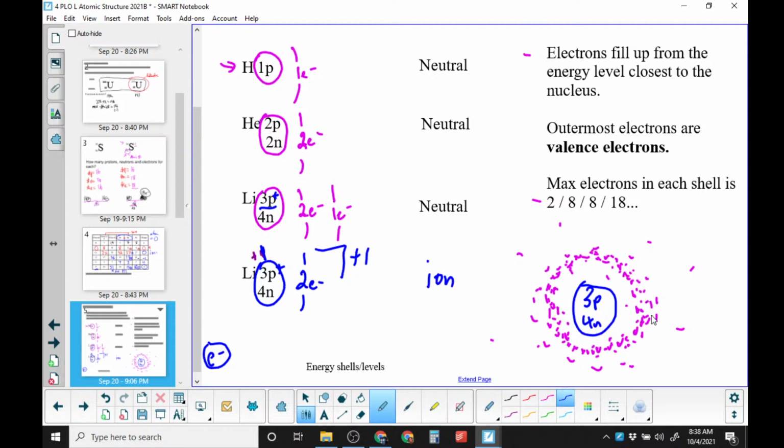We have an orbital now, but the density of probability in this area is higher than this area. You're more likely to find the electron there. So instead of saying the electron is there, we now go, it's just a high probability of finding there. And that's what we mean by density. And it's still just 1 electron covering all of that. And technically speaking, it's actually 2 electrons covering that.